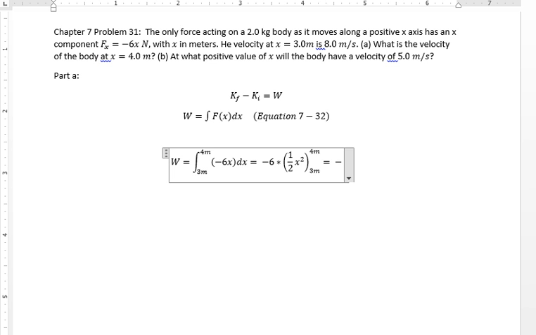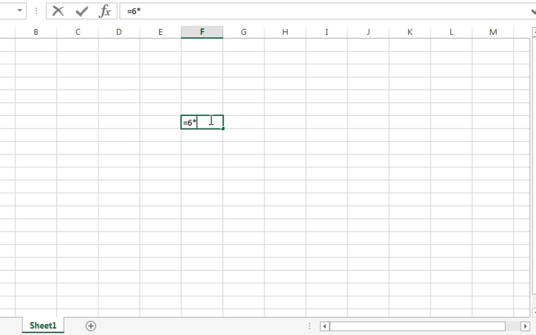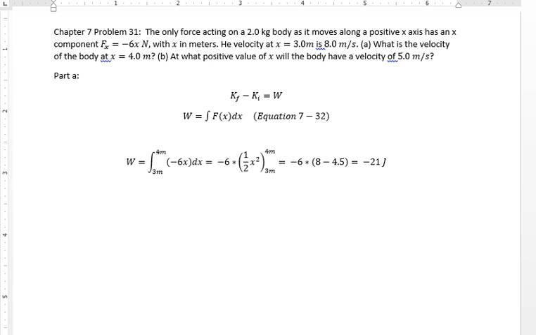That's minus 6 times, at the 4 meter mark, 4 squared is 16, divided by 2 is 8, minus 3 squared is 9, divided by 2 is 4.5. So the work done is minus 6 times 8 minus 4.5, which is minus 21 joules of work done on this.